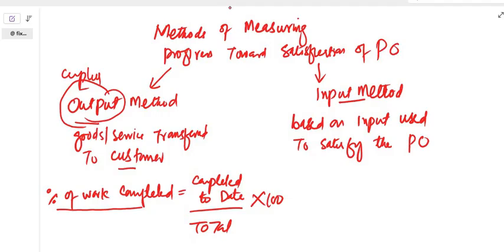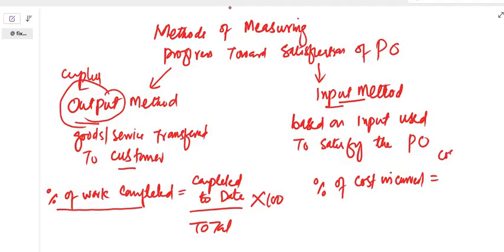And if you want to calculate the progress towards satisfaction using input method, then you have to calculate the percentage of cost incurred. This is your input. How will you calculate?